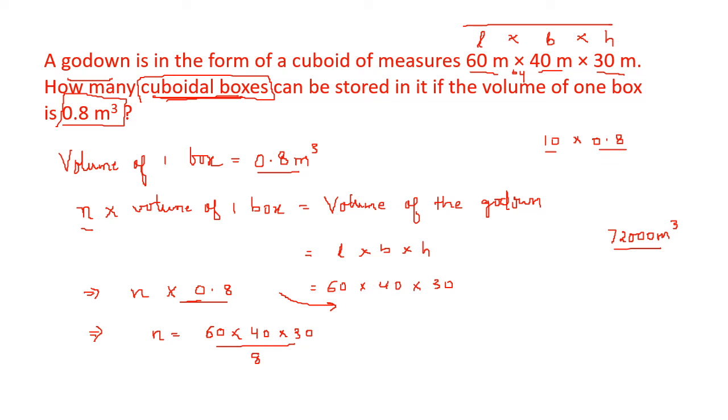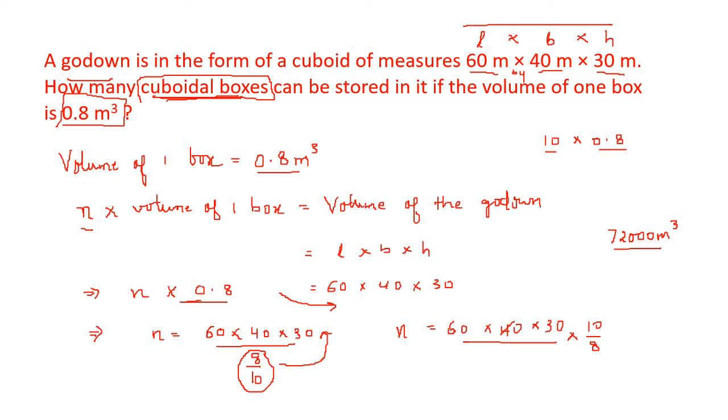Now 0.8 means 8 upon 10. So when this fraction goes into the numerator, it becomes a reciprocal. So we have n equal to 60 into 40 into 30 upon 8, so the reciprocal becomes 10 upon 8.